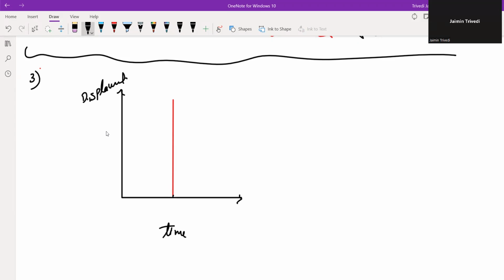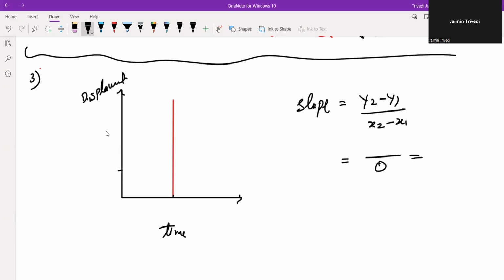So if you take your distance, how do you find the slope? y2 minus y1 divided by x2 minus x1. If the distance is constant, then it's at rest, and if the time is constant, it's infinite velocity. We cannot divide something by 0.